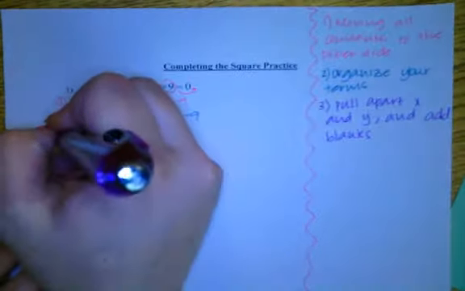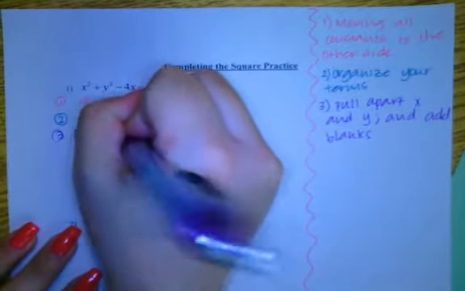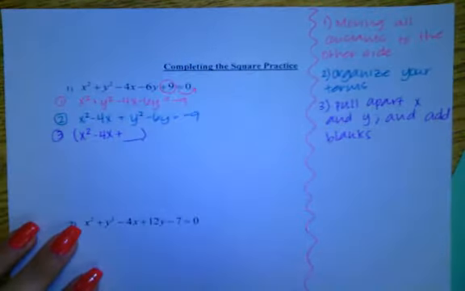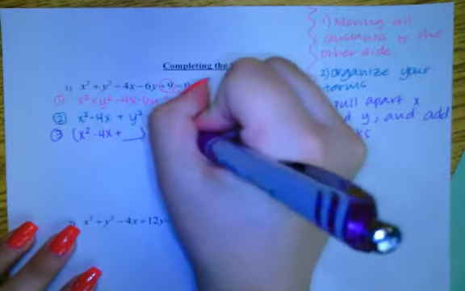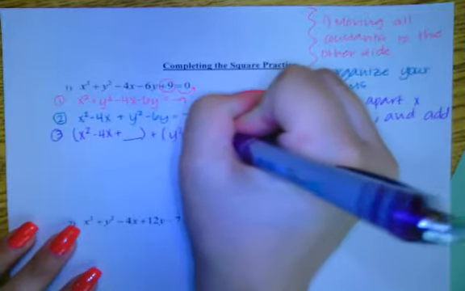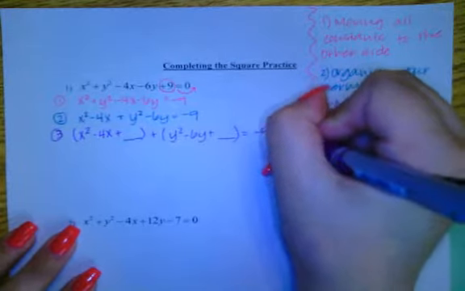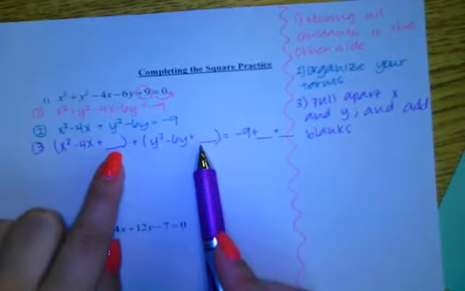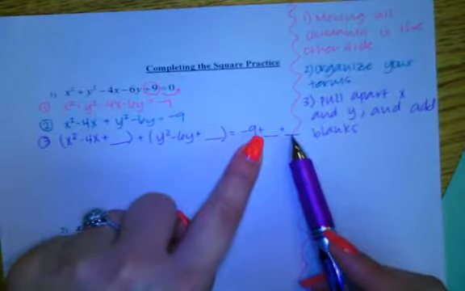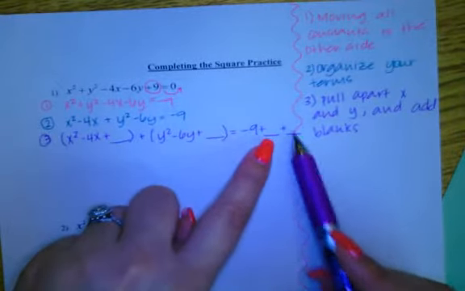So open up parentheses, x squared minus 4x plus blank, plus y squared minus 6y plus blank, equals negative 9 plus blank plus blank. Because what you do to the left side of your equation, you have to do to the right side of the equation. So I added 2 numbers on the left, I'm going to have to add 2 numbers on the right.